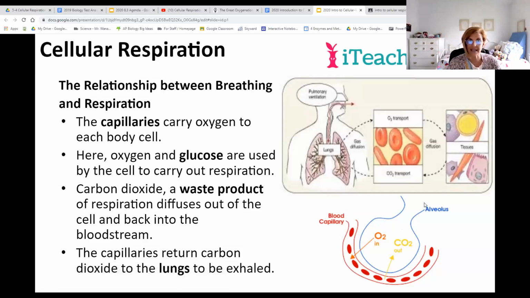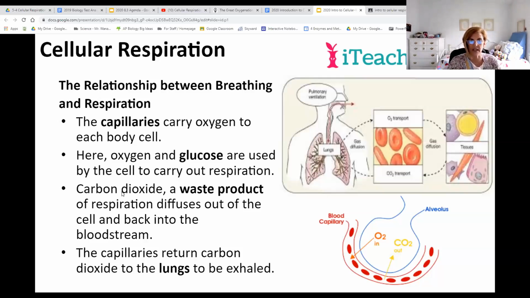Okay, so once it's inside of our body, we're working with respiration. Moving it in and out is ventilation. So oxygen in the cells will be used to break down glucose into energy and CO2 and water. So CO2, you heard in the little video piece that we did, is a waste product, and it's actually harmful to our bodies.